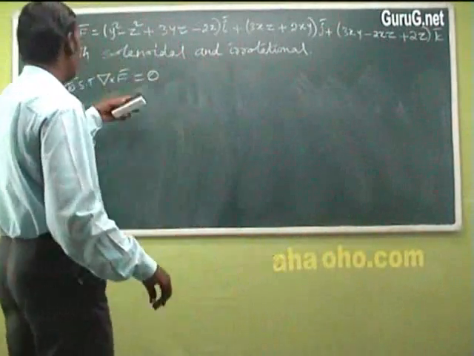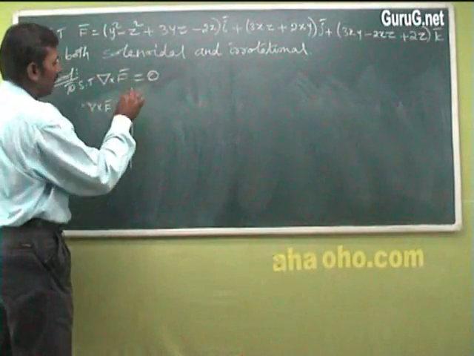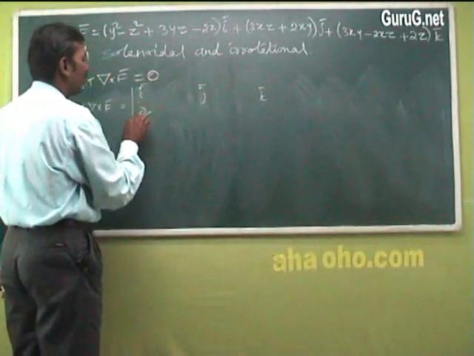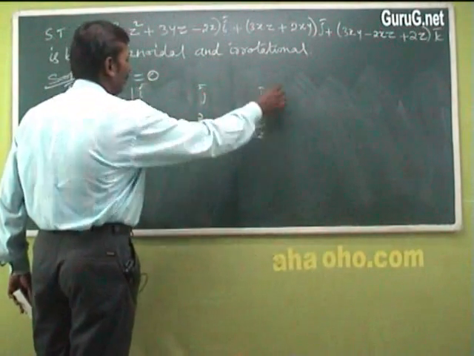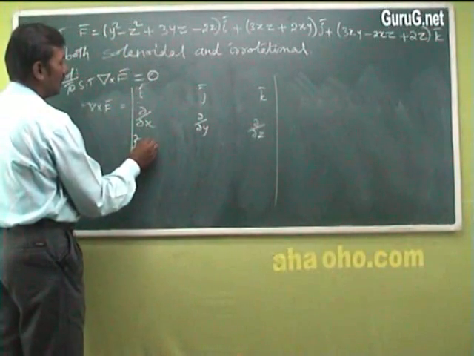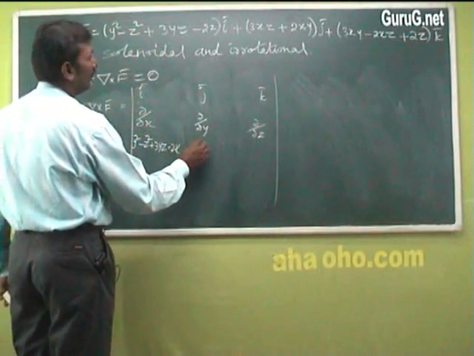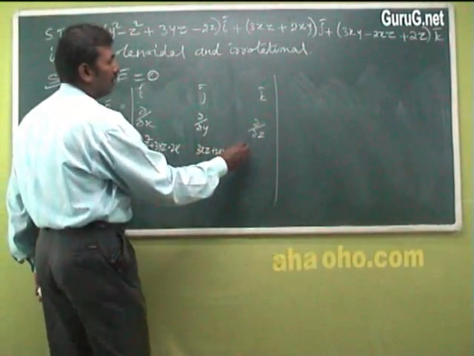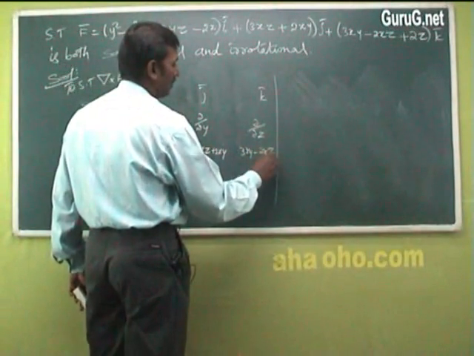So to prove del cross F equal to 0, del cross F equal to determinant, so i, j, k, dou by dou x, dou by dou y, dou by dou z, and then y squared minus z squared plus 3yz minus 2x, here 3xz plus 2xy, and here 3xy minus 2xz plus 2z.